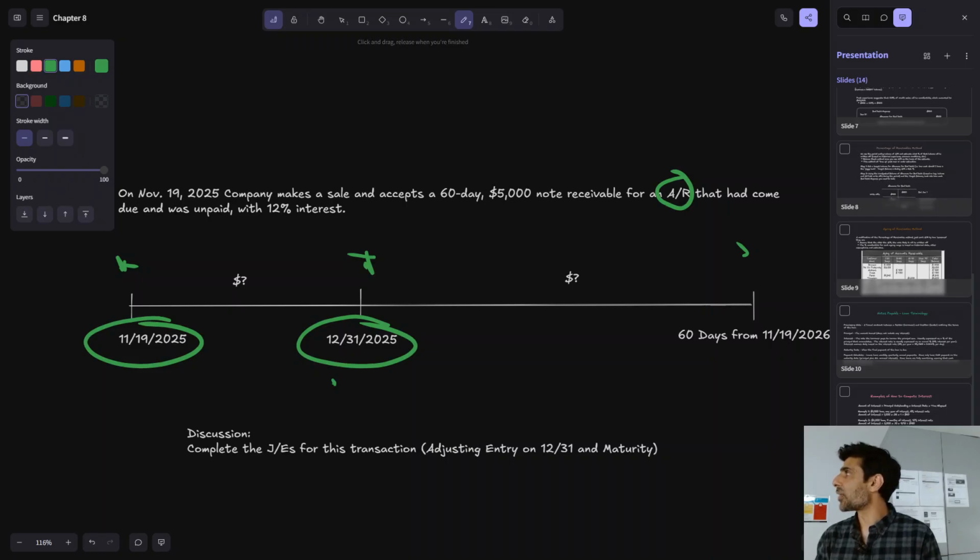So see if you can figure that out. And really, I think the difficulty will be in doing the interest calculation, and maybe this first one, converting an account receivable to a note receivable. It shouldn't be, because I'm telling you what you have to do in words. But yeah, try to do this on your own. We'll take a couple of minutes and see if you can do that.